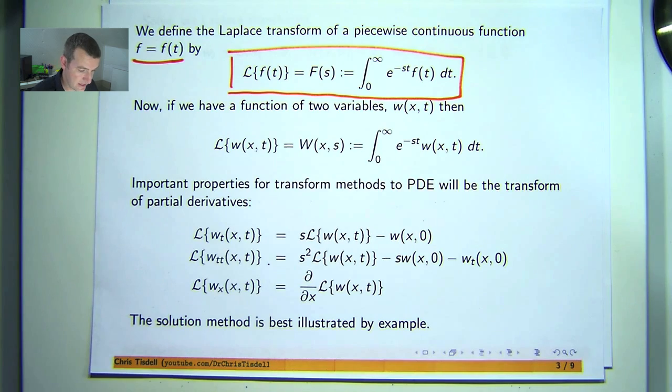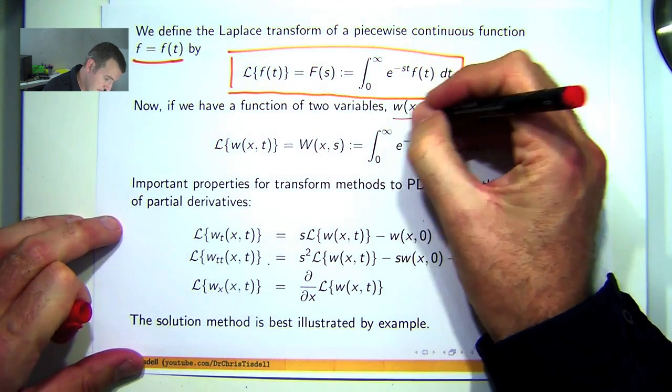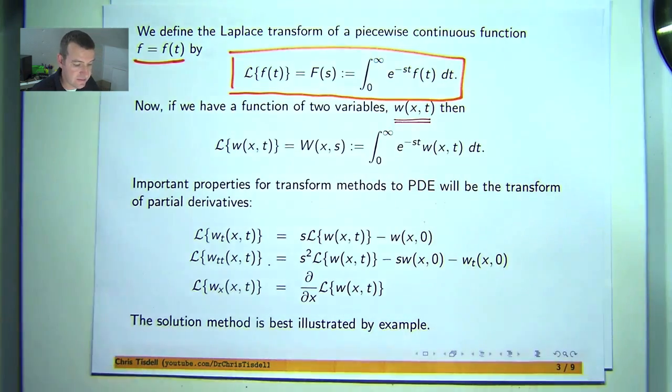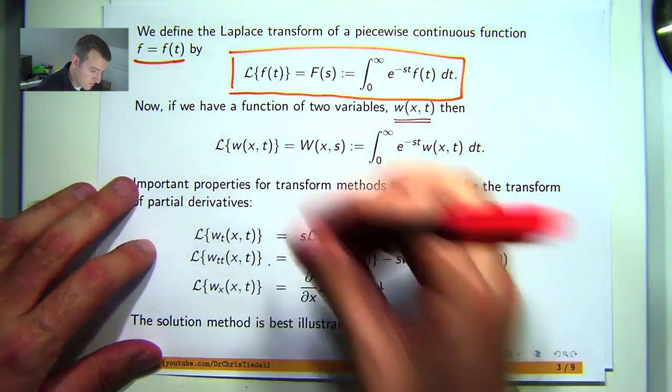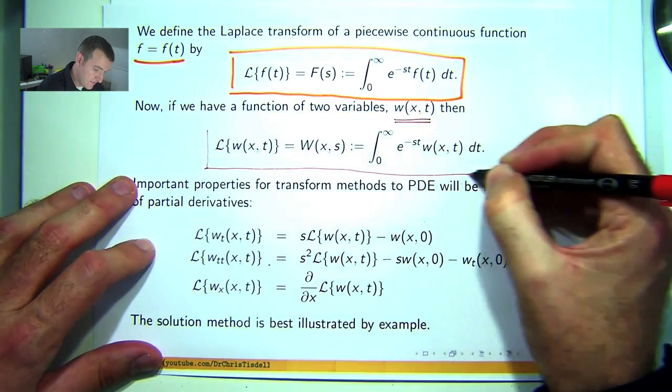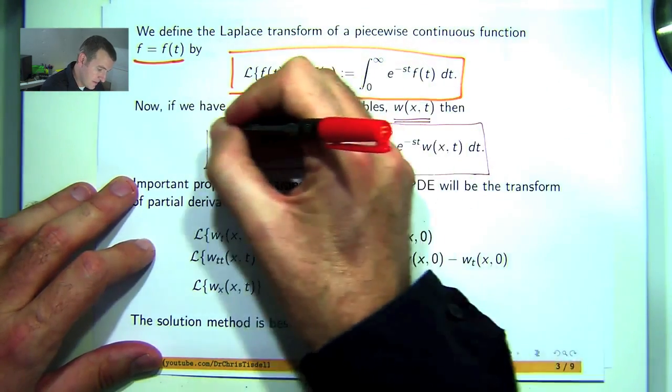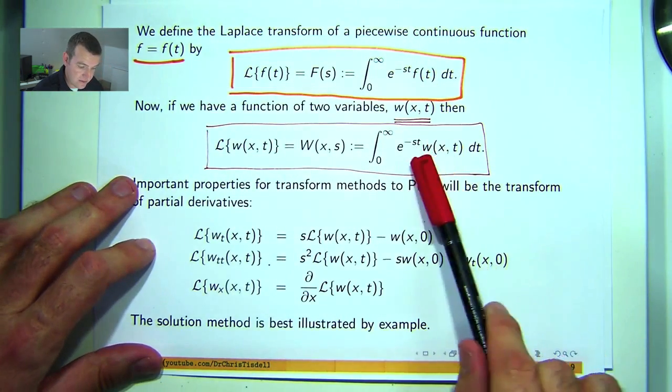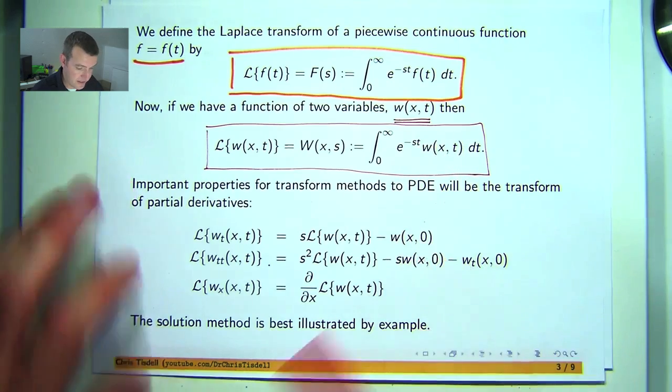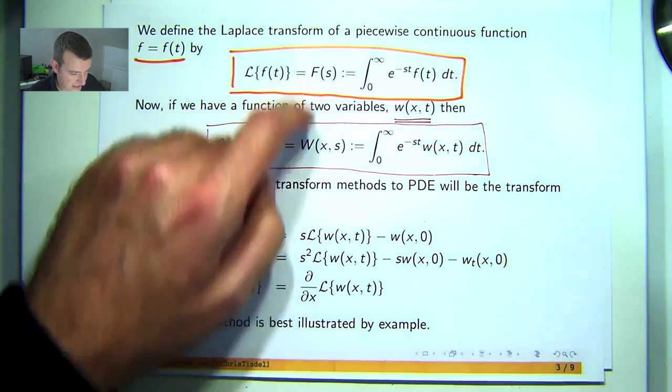Okay, so what happens if we have a function of two variables? So this w of x comma t might be a solution to a partial differential equation. Well, you can still define the Laplace transform very similar, except you have a function of two variables in here. And again, we use capital letters.